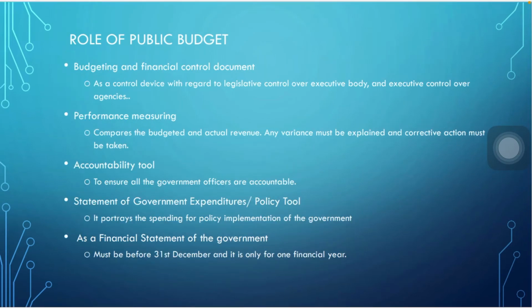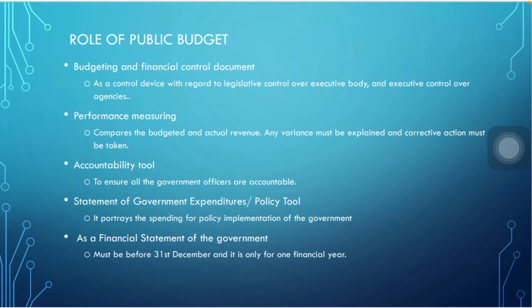document. So setiap urusan perbelanjaan perlulah orang kata apa? Ada black and white. So as a control device with regard to the legislative control over executive body and executive control over agency. So kita dah tahu setiap government level mereka mempunyai their own function lah, yang 3 function tadi.